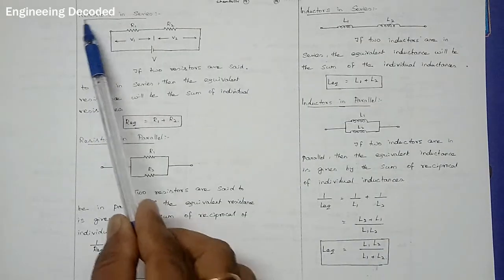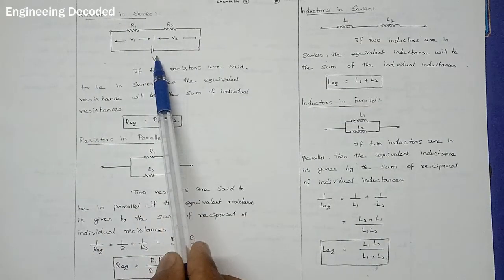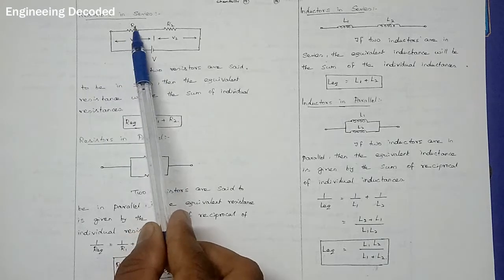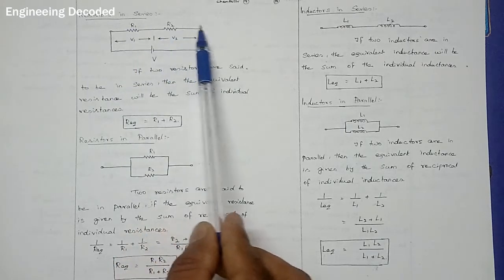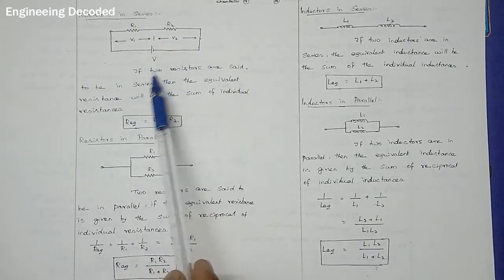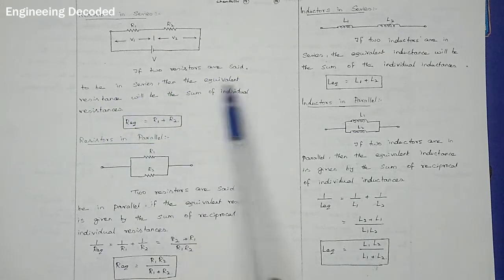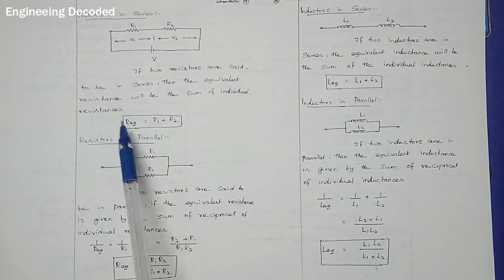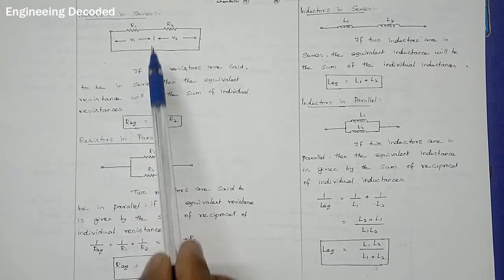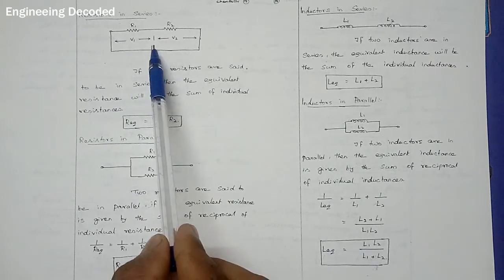Next we will see resistors in series. Here you can see a voltage source and two resistors R1 and R2. If two resistors are said to be in series, then the equivalent resistance will be the sum of the individual resistances. You have a voltage source, negative, positive.